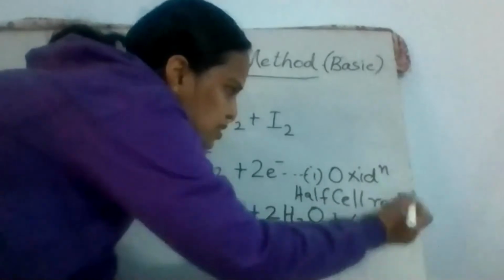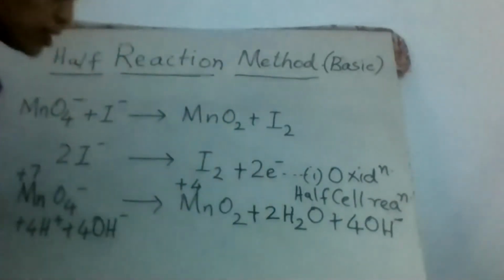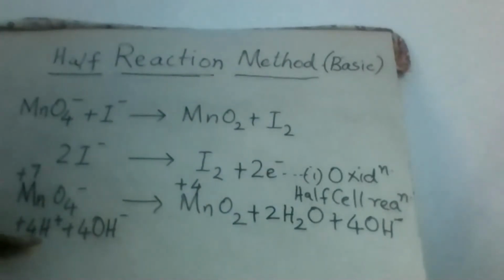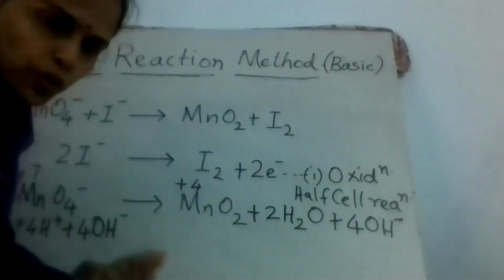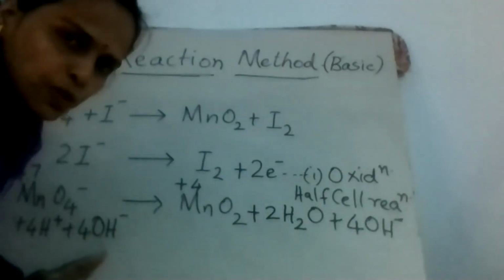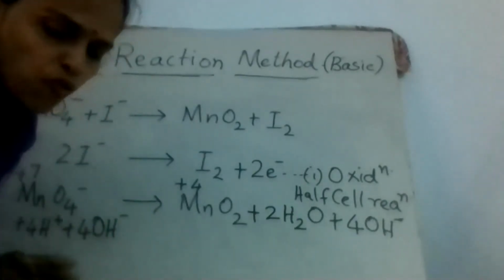Then we know H plus plus OH minus is equal to H2O. Similarly, 4H plus plus 4 OH minus is equal to 4H2O.